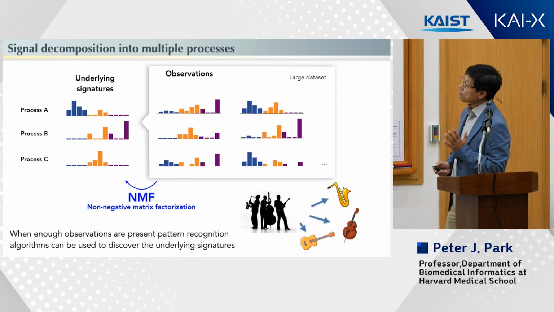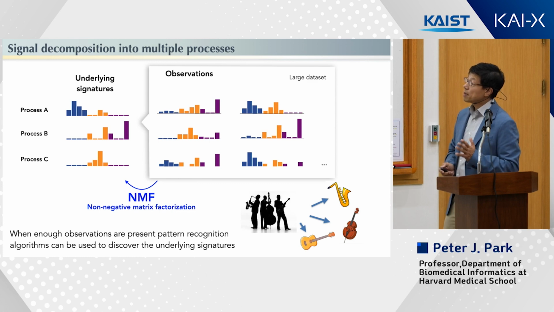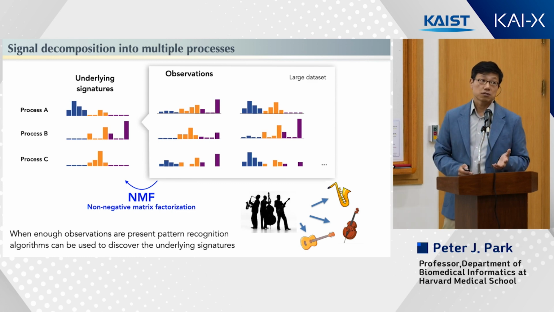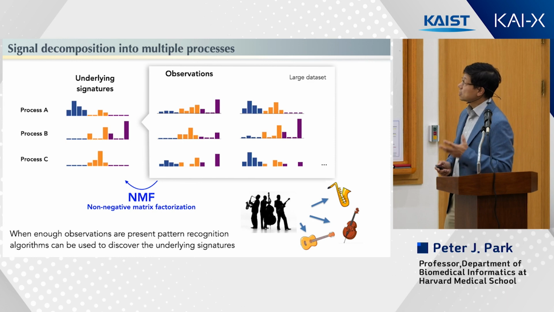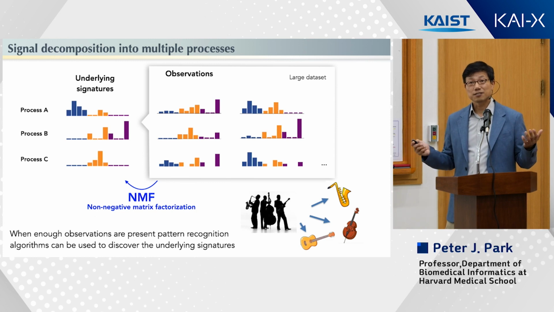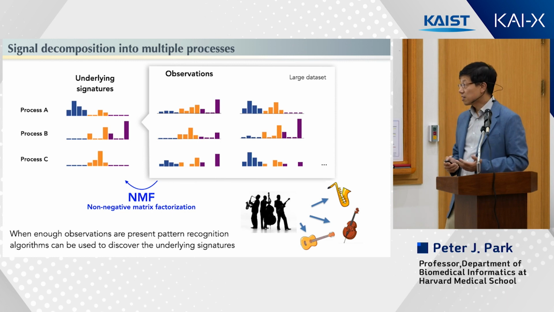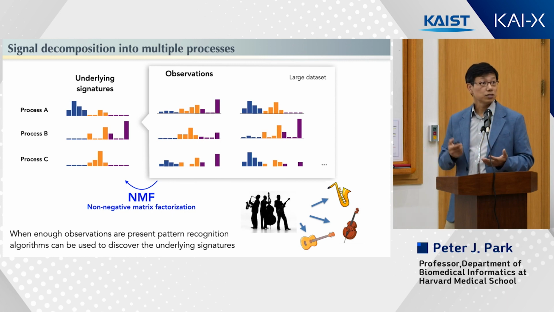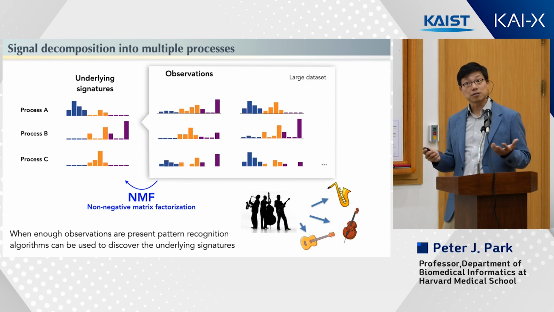Okay, if we have enough observations, then we can use some pattern recognition algorithms to discover the signatures. Okay, it's just like listening to a band play. If you listen to it for 1 second, you can't tell which are the instruments. But if you listen to it long enough, okay, you can actually tell which instruments are present. Right? It's the same idea, same algorithms.